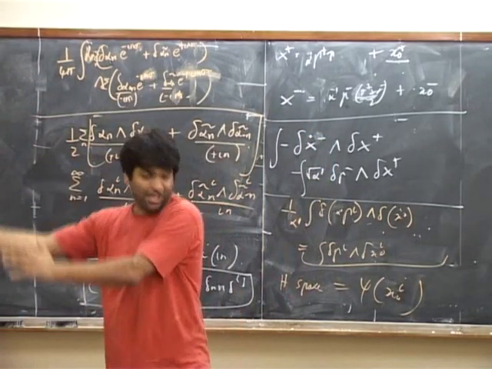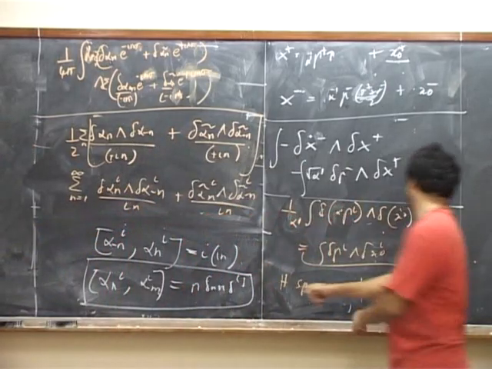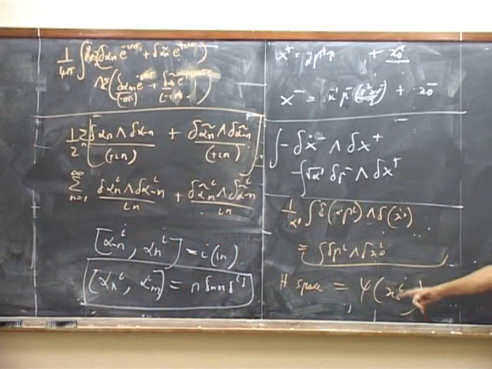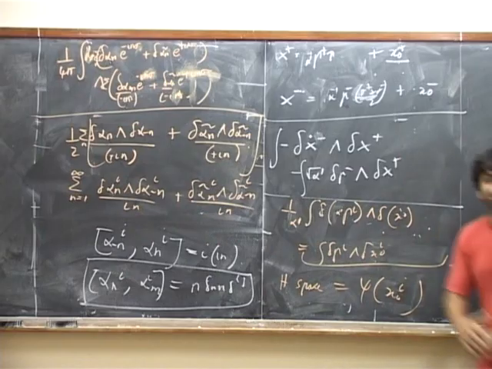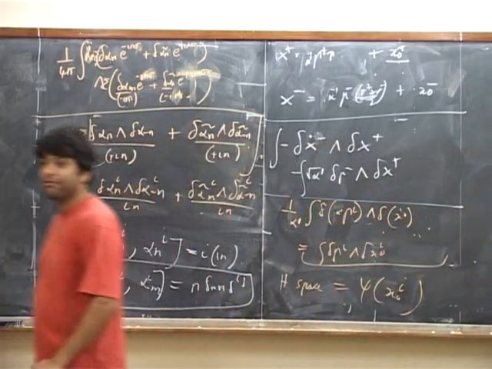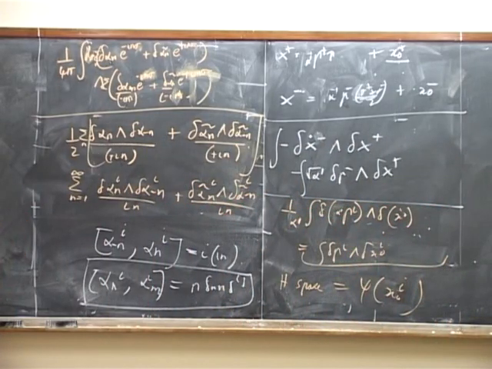Hilbert spaces tensored with each other, tensored with the Hilbert space of square integrable functions in d variables. That is the full Hilbert space that we get from quantization. Is this clear?